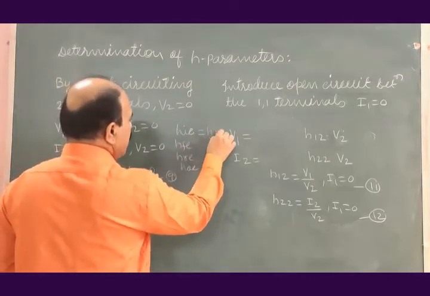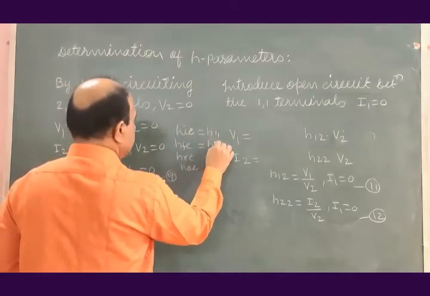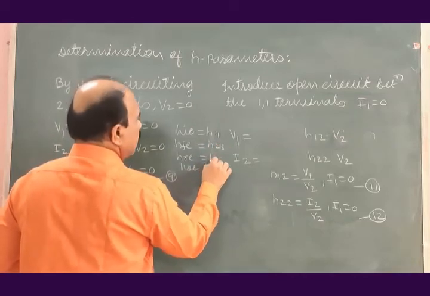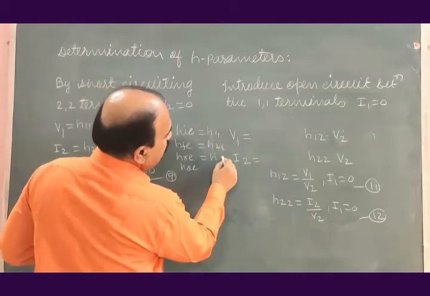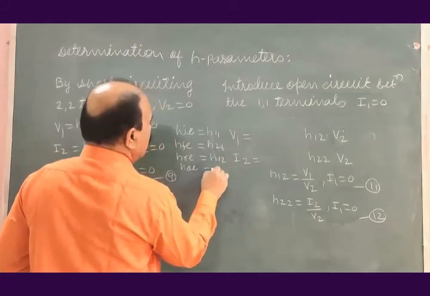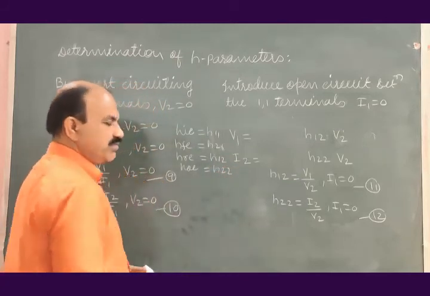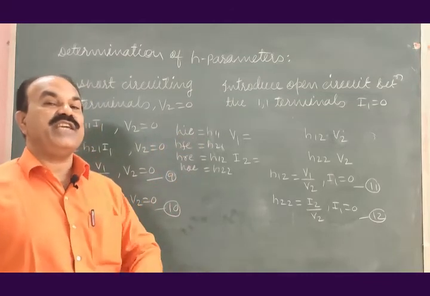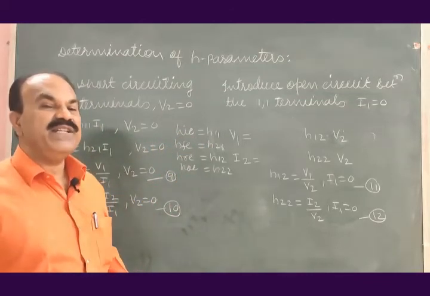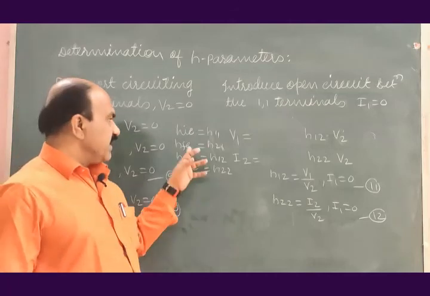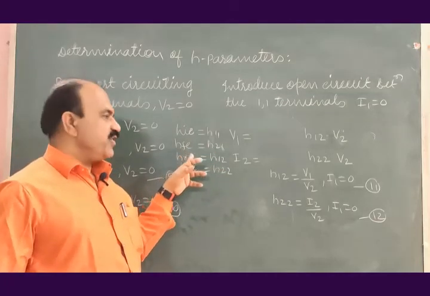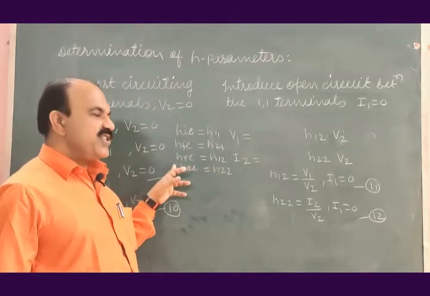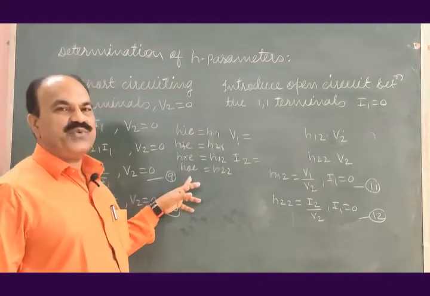This is H11, this is H21, this is H12, this is H22. H11 may be replaced by HIE for common emitter connection. H21 is replaced by HFE, H12 by HRE, H22 by HOE.